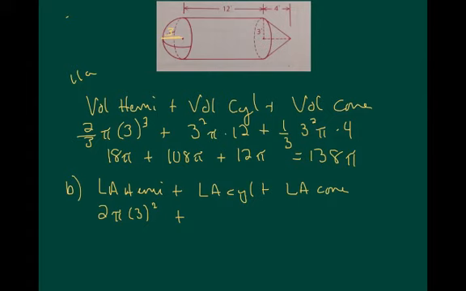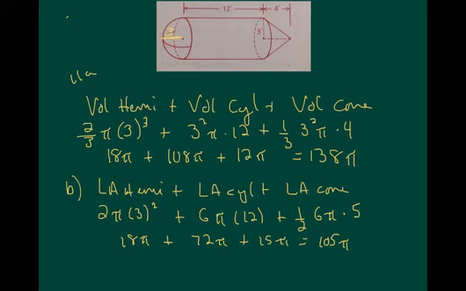The lateral area of the cylinder is just going to be the perimeter of the base, which is 6 pi, times the height of 12. And finally, the lateral area of the cone will be 1/2 the perimeter of the base, which is again 6 pi, times the slant height, which I can see there's a 3, 4, 5 triangle, so the slant height is going to be 5.